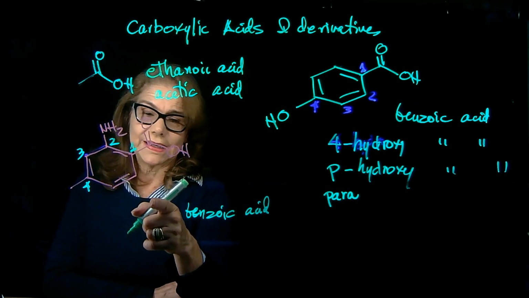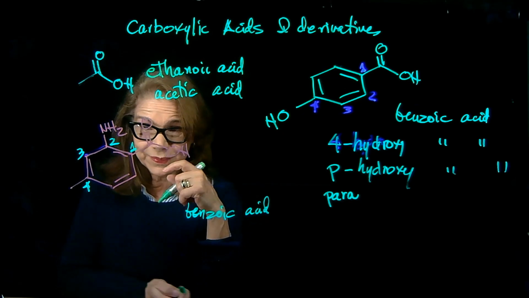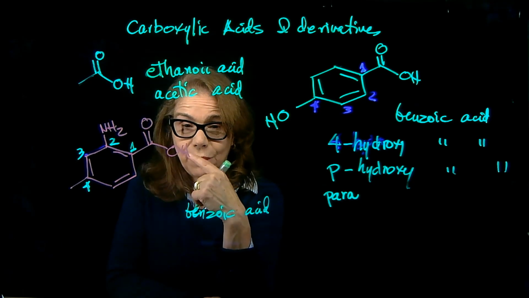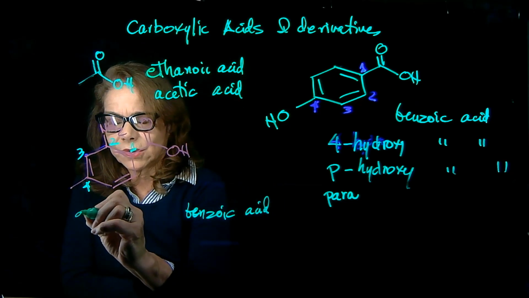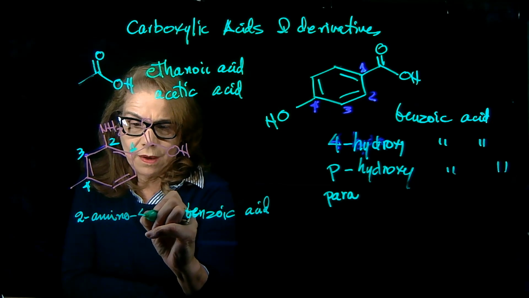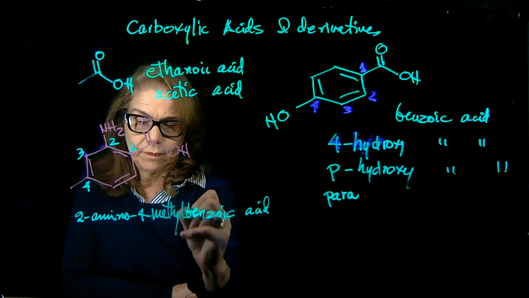And always I need to say my substituents are amino and methyl. So I say 2-amino, 4-methyl, because we're going to be listing alphabetically. So 2-amino, 4-methylbenzoic acid.